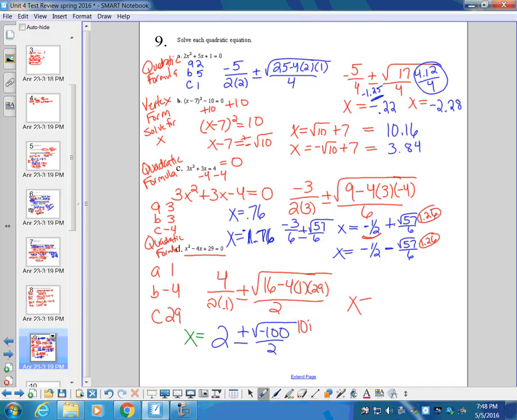So we got x equals 2 plus 10i over 2. x equals 2 minus 10i over 2. You can simplify. 10 over 2 is 5. So this becomes 2 plus 5i. And this becomes 2 minus 5i.